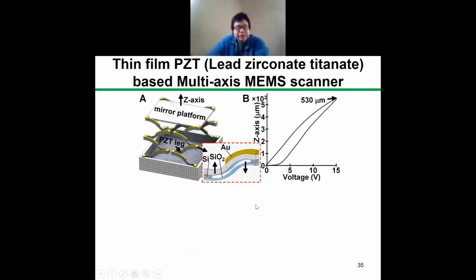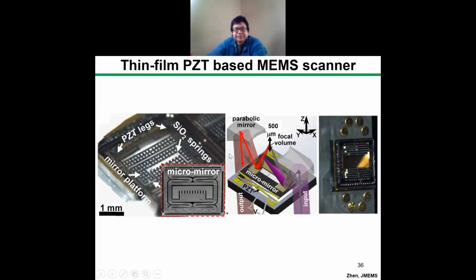Sorry. So the thin film piezo: we have a thin film piezo multi-axis MEMS scanner developed based on thin film piezo PZT, which has an even larger travel range. For example, this is a zigzag shape, which already demonstrates 530 micron using thin film piezo with gold coated on the surface.